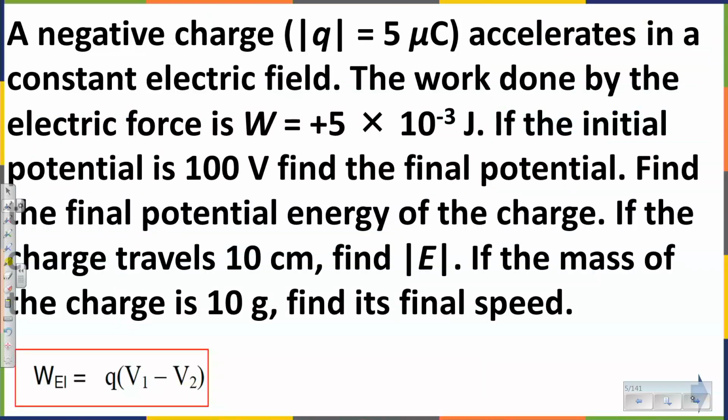Again, a negative charge. I'm going to give you time to read and start thinking about it. A negative charge, a given magnitude, accelerates in an electric field. Certain work is done. The initial potential is given. We need to find many different things.